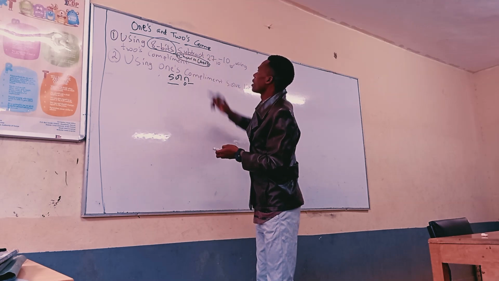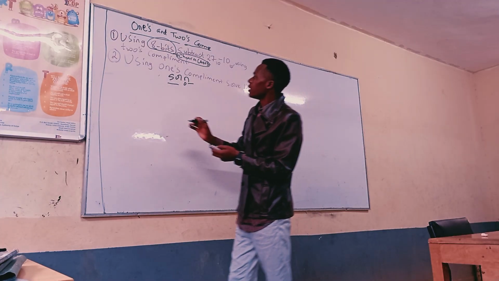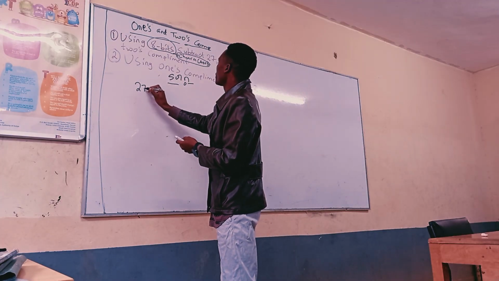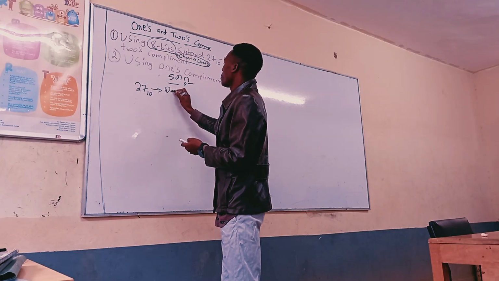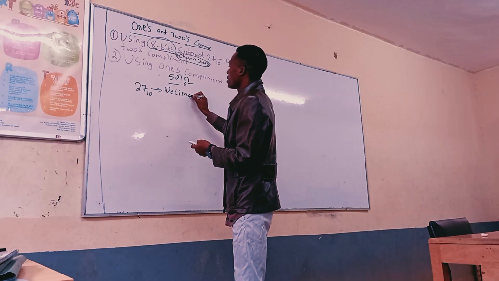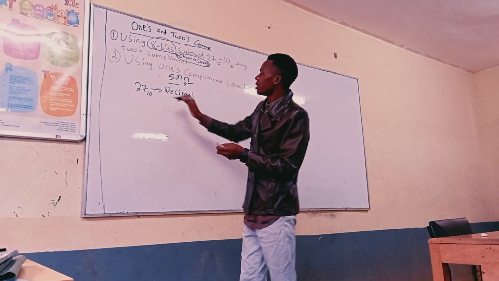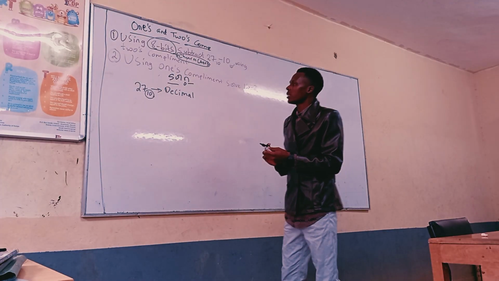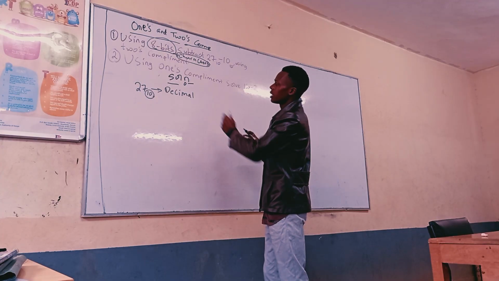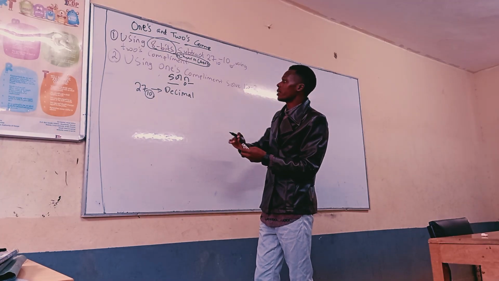So using 8 characters, subtract 27 minus 10. So 27 base 10 is written in decimal number. What tells us it is a decimal number is the base number 10. Having a base number 10 denotes that the number system you're dealing with is a decimal number.